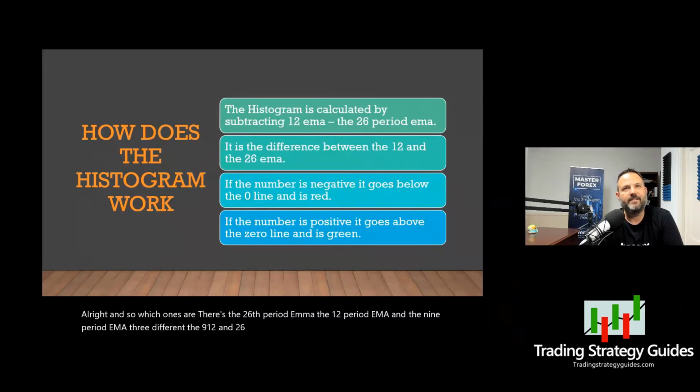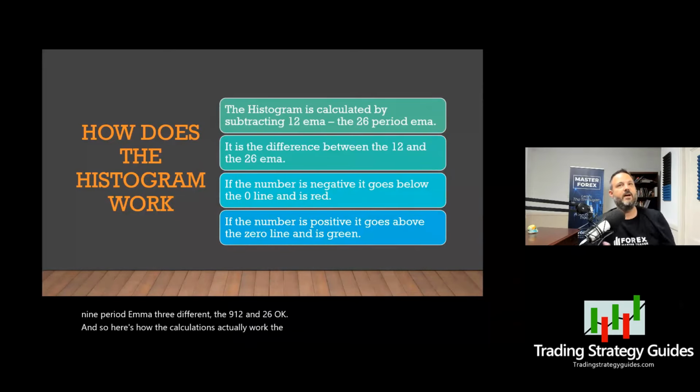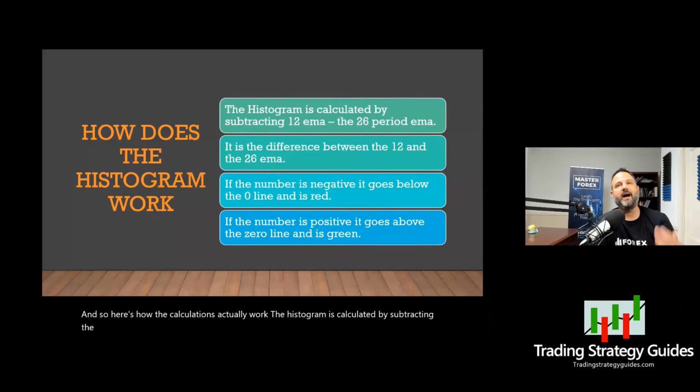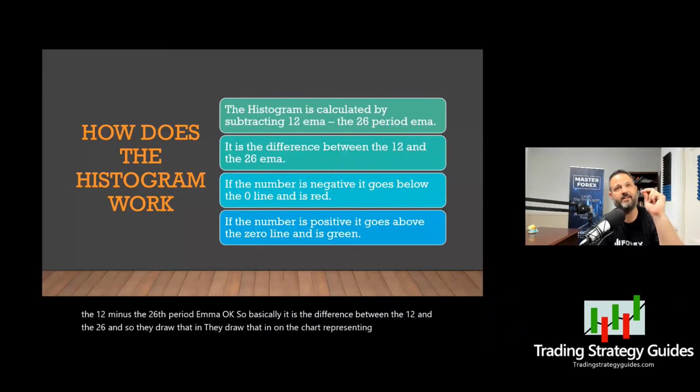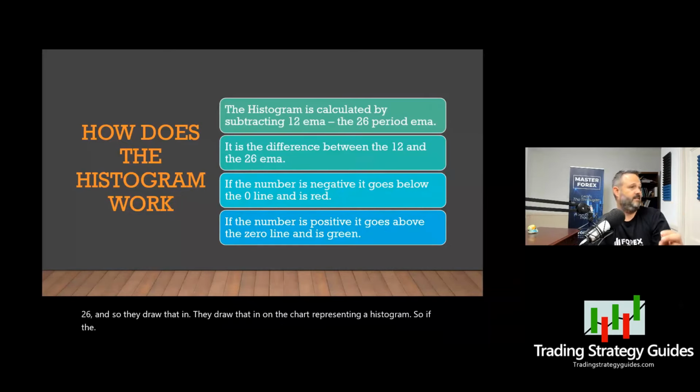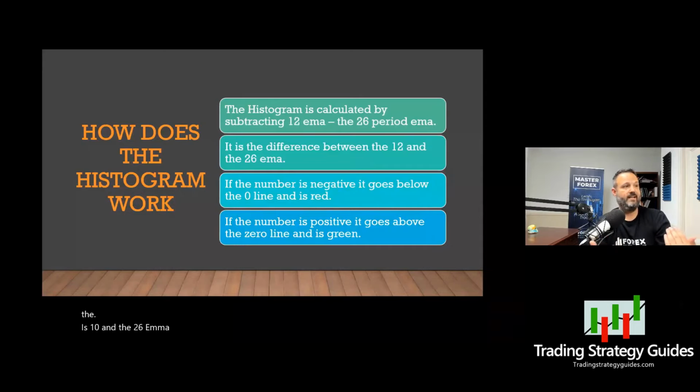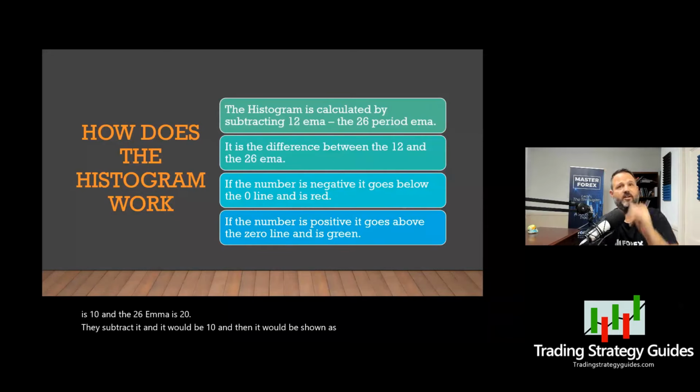Here's how the calculations actually work. The histogram is calculated by subtracting the 26 period EMA from the 12 period EMA. Basically it is the difference between the 12 and the 26, and they draw that on the chart as a histogram. So if the 12 EMA is 10 and the 26 EMA is 20, you subtract them and it would be negative 10, shown as such on the chart.